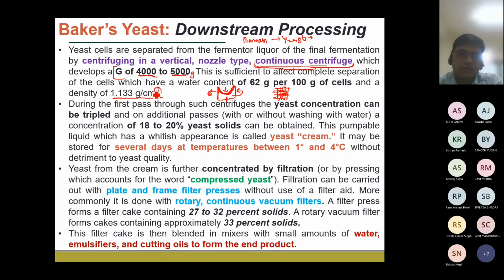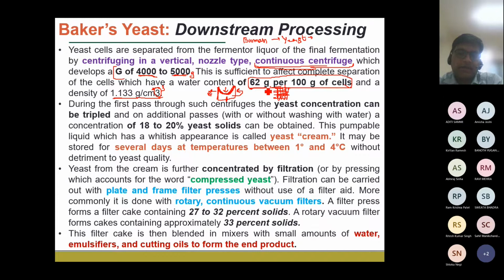Okay, this cube should be in the subscript, centimeter cube. And the water content present in the cells is almost 62 gram of water per 100 gram of the cells. So you can see that the water content is relatively very high.